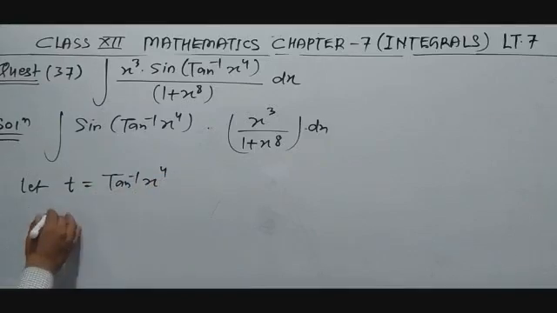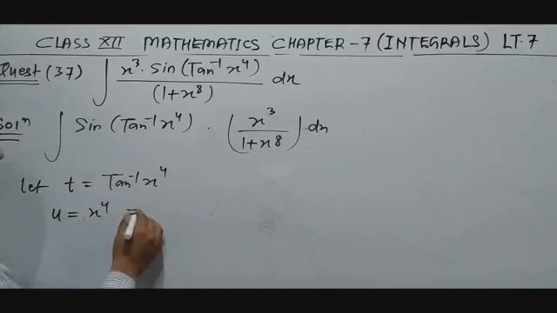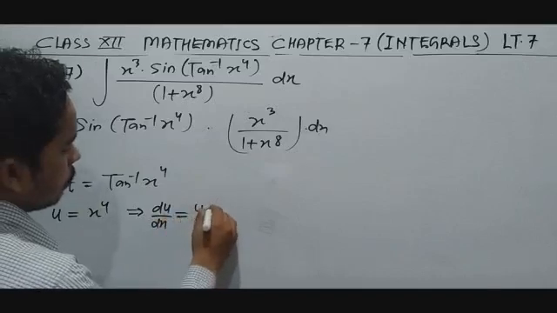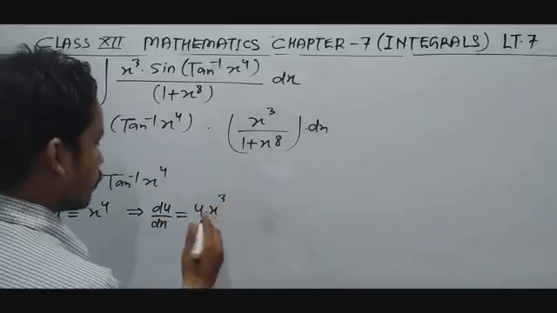Suppose u is equal to x to the power 4, this implies du by dx result is 4 times x cube.